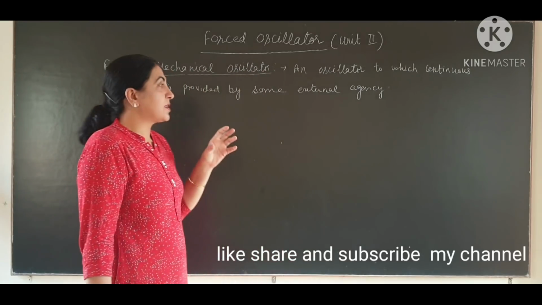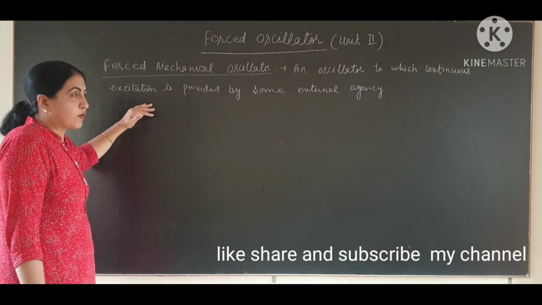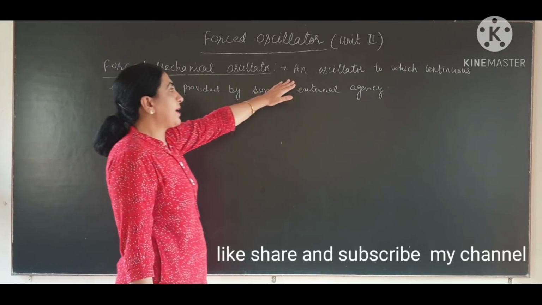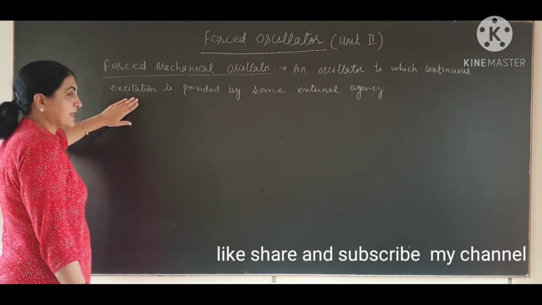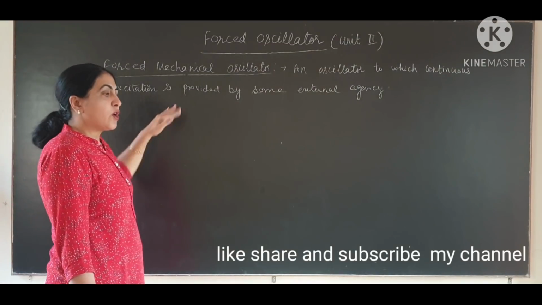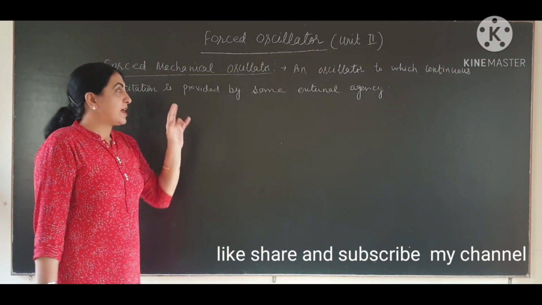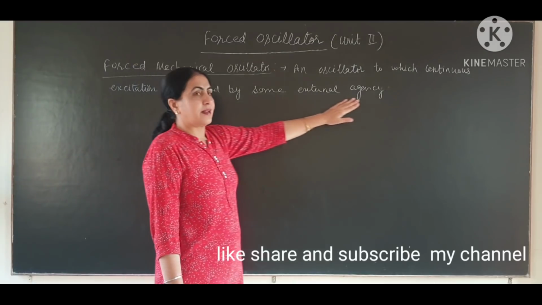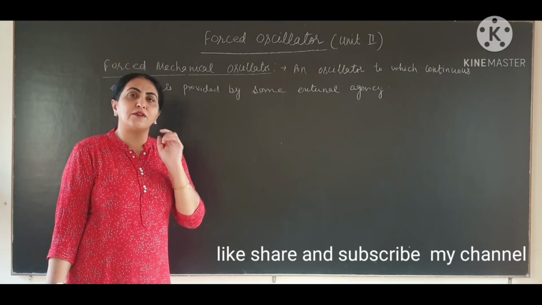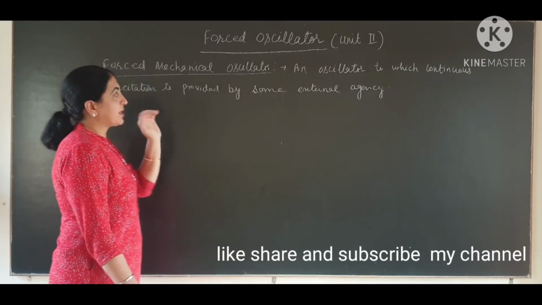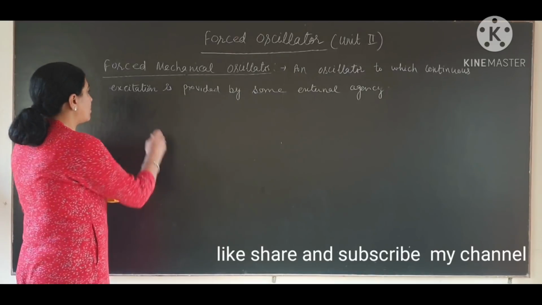So first, how can we define this forced mechanical oscillator? An oscillator to which continuous excitation is provided by some external agency. So we continuously apply external force to it, and it consists of two parts.